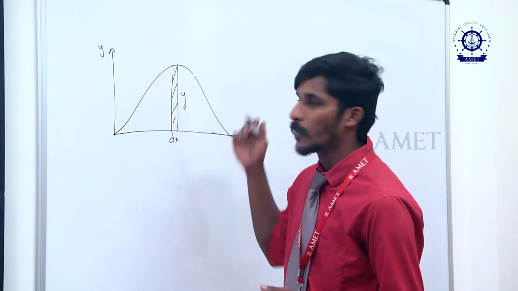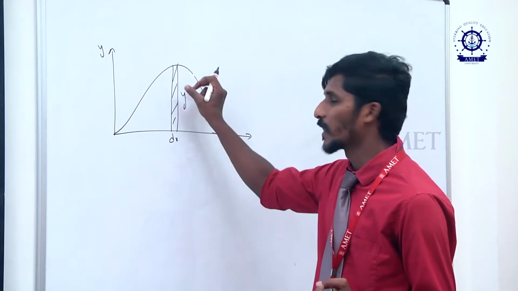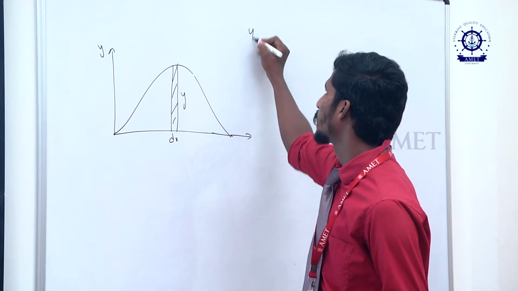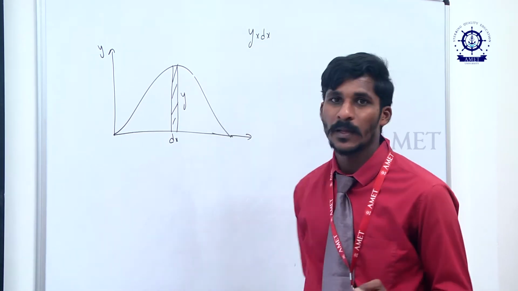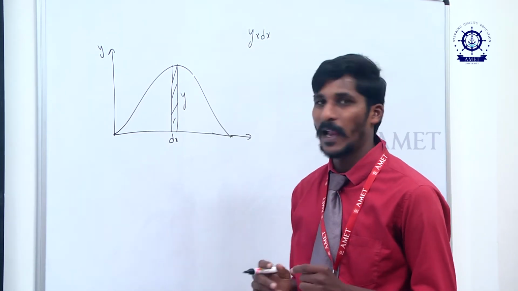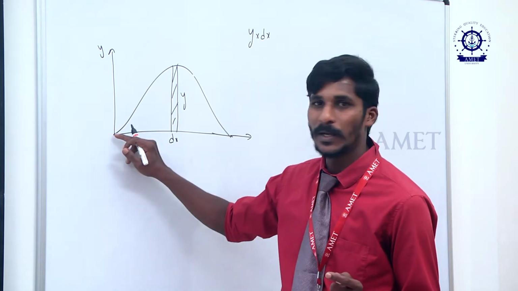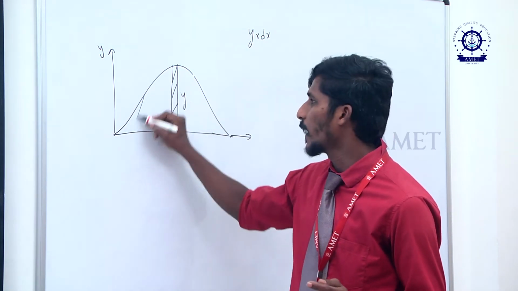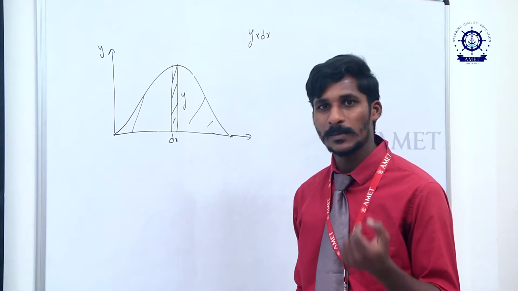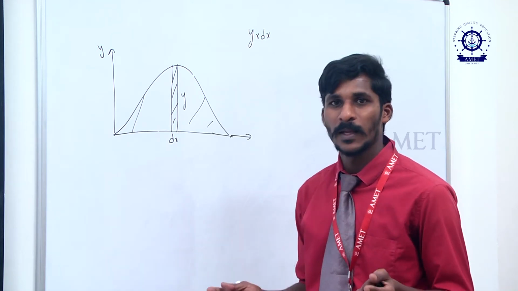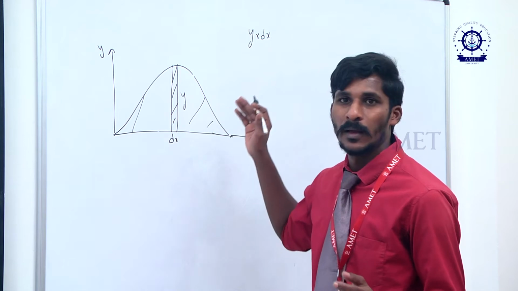When you want to integrate, you just consider a small elemental area. y multiplied with dx gives you the area of the small element, and by using integration you can integrate from the start to the end to get the area under the whole curve. Applying a small element to the overall body, we define by the equation of an integration form.